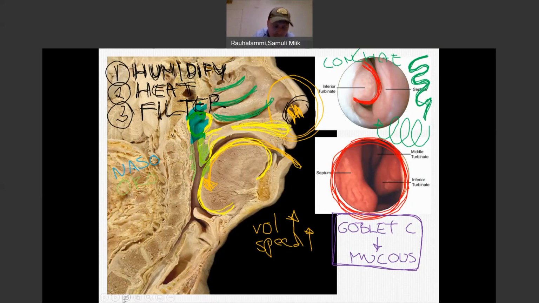And then right before we get to the larynx, we have our laryngopharynx.